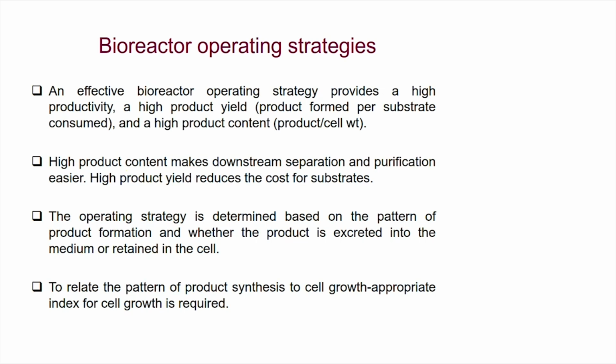Now, an effective bioreactor operating strategy provides a high productivity and a high product yield. We have been talking about high product yield with respect to biomass and high product yield with respect to substrate. Now, high product yield with respect to biomass will reduce which cost?